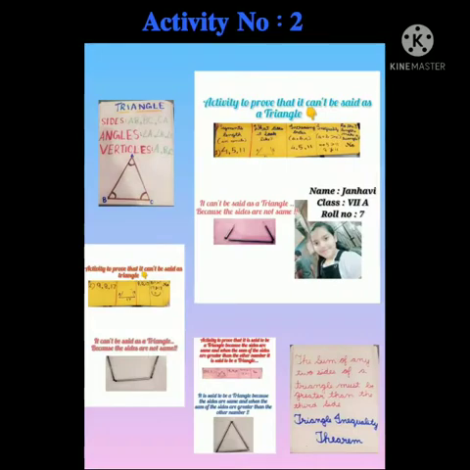So here is the second activity. In this activity, we will prove that the sum of any 2 sides of a triangle must be greater than the third side. And the name of this activity is the Triangle Inequality Theorem.